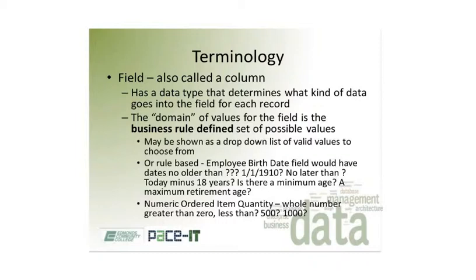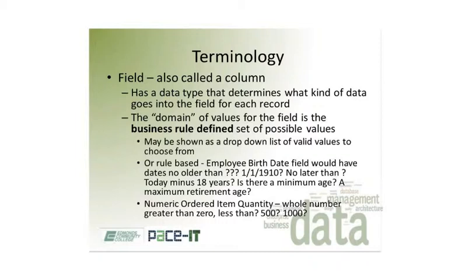You have a domain of values for the field. There's a business rule-defined set of possible values. So a domain could be shown in a drop-down list of valid values, like for instance you see on a website where they ask you for your expiry date. They may ask you for a month field, which would be 1 through 12, and then a list of years, which is usually current year through maybe 5, 10 more years out.